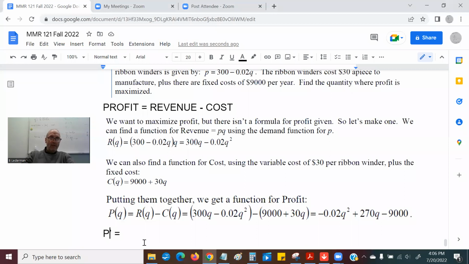The next thing we got to do is to take the derivative of the profit, and that's going to be negative 0.04 Q plus 270. And I'm going to set this equal to 0.